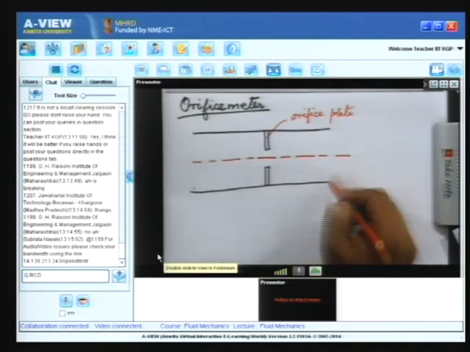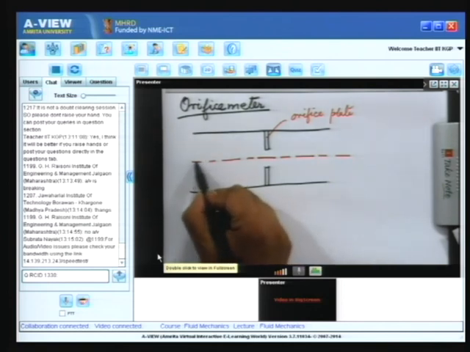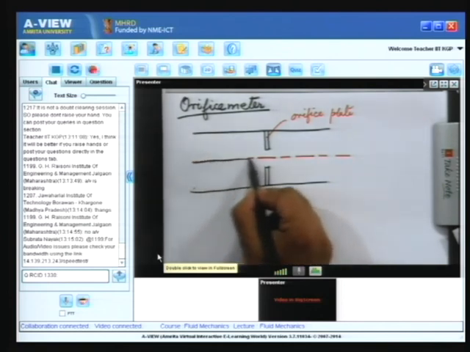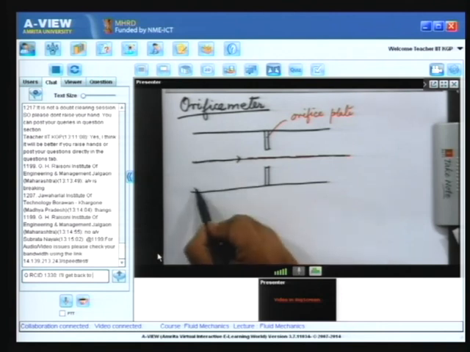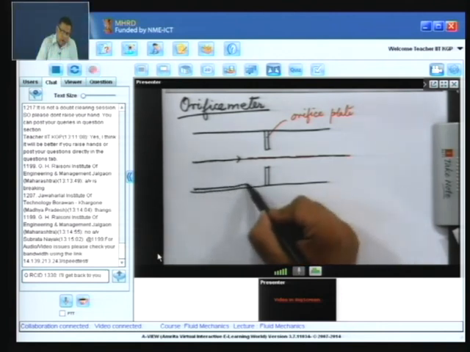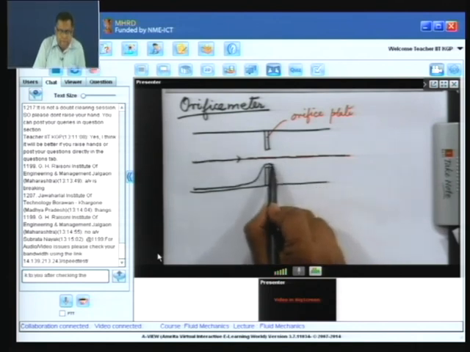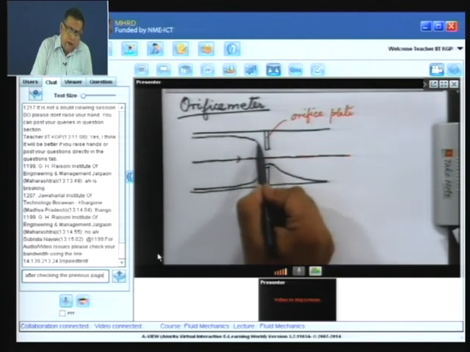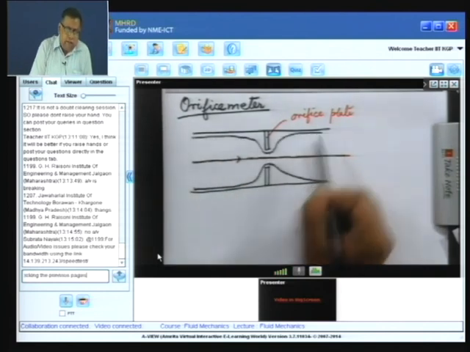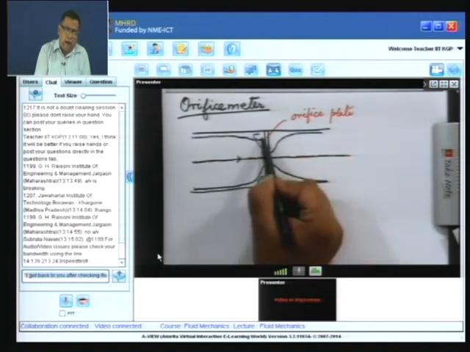Now, if you look at the inviscid flow pattern, streamline pattern, you will see that the flow will be symmetric about this line. So, this center line will be a streamline, and the streamlines will curve upwards and flow like this. Now, of course, if it is a viscous flow, then the fluid will separate and you may have vortices here and here.